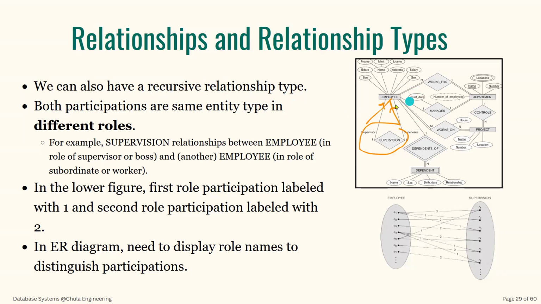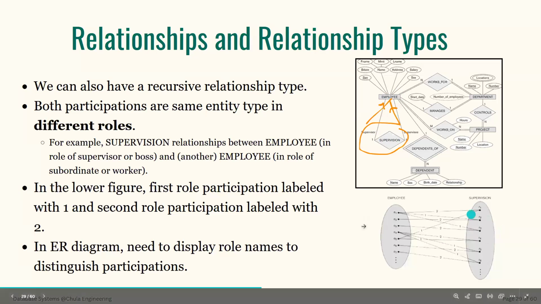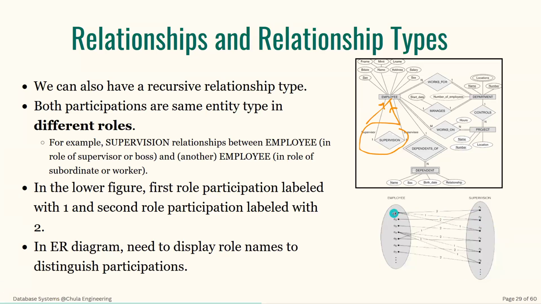So both participations are the same entity type but in different roles. So here, in the supervision relationship, you have employee as supervisor and supervisee, right? If you take a look at the lower figure here, the first role participation is labeled number 1, and the second would be number 2. All right.